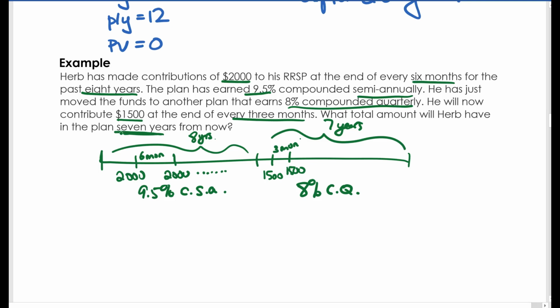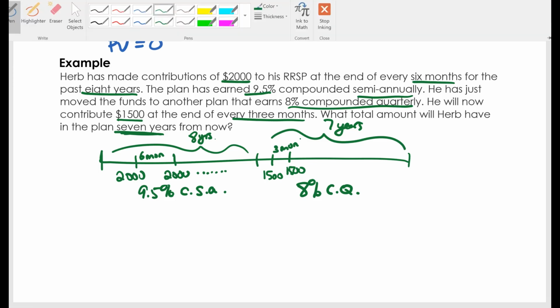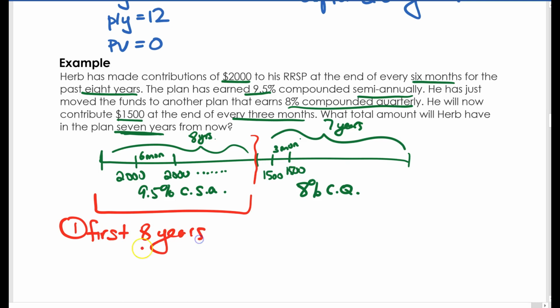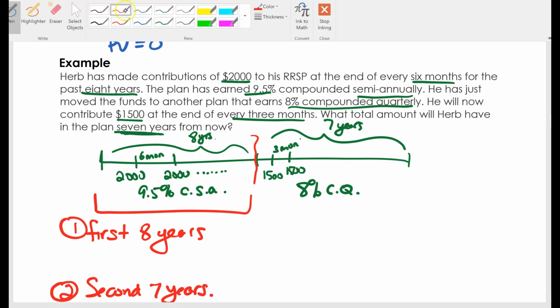So the biggest thing is once you dissect the question, you can start breaking it down. So we have sort of two parts. Let's look at the first 8 years, and then we'll look at the second 7. All right.